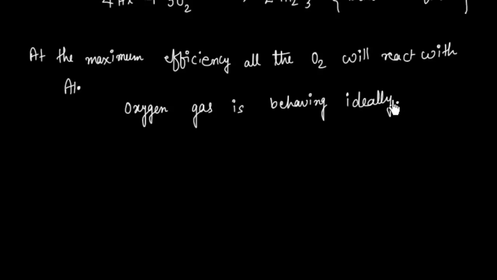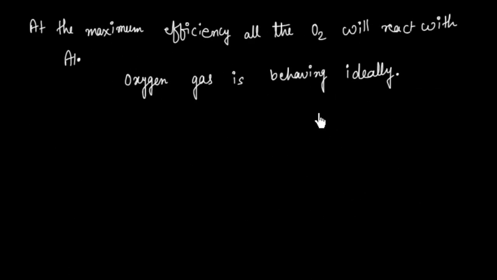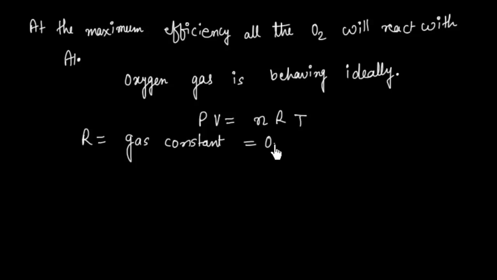If oxygen gas is behaving ideally, I can apply the ideal gas equation, PV equals nRT, where R is the gas constant, and its value is 0.082, and the unit is atmospheric pressure into liter divided by mole into Kelvin. So this is the unit for R.